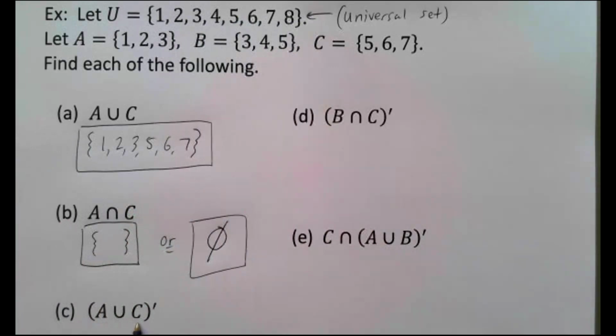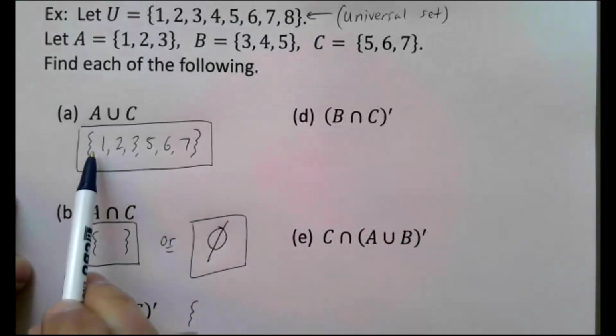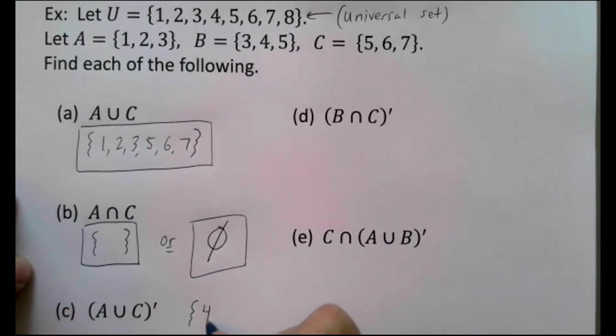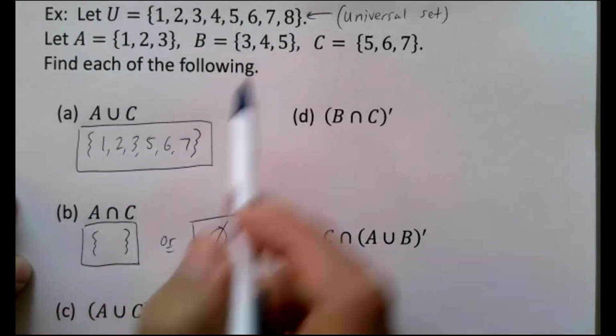So luckily, we already know what A union C looks like. Now let's take the complement of that. A union C looks like this. So who's not in here when we compare it to the universal set? Well, 1, 2, 3. Well, 4 is not in here. 5, 6, 7.